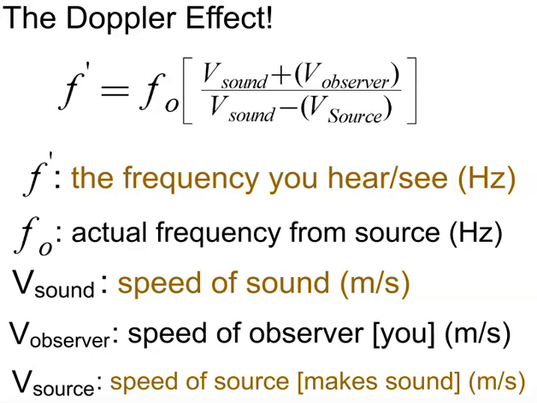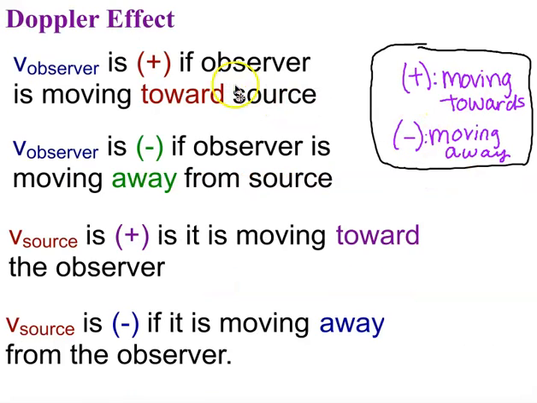Now that becomes important because velocity is a vector. That means that it has magnitude and direction. And so therefore, the velocity of the observer should be given a positive sign if the observer is moving toward the source. So if it's moving towards, the velocity should always be given a plus sign. If it's moving away, you should give the velocity a minus sign, a negative sign.